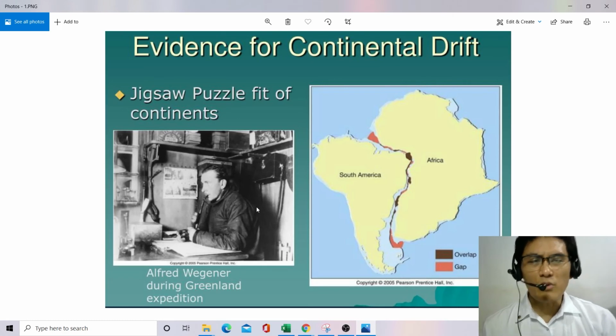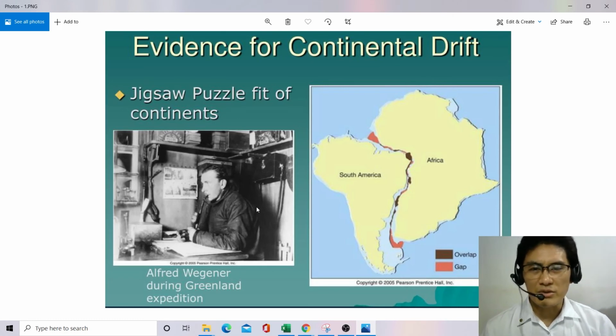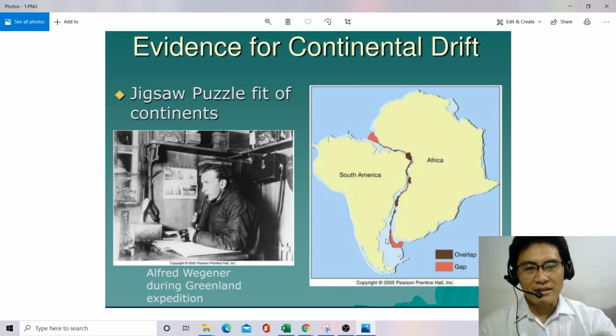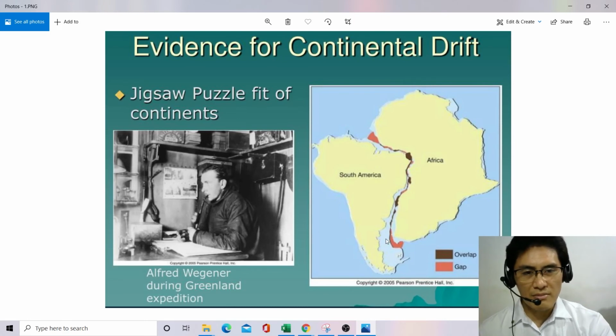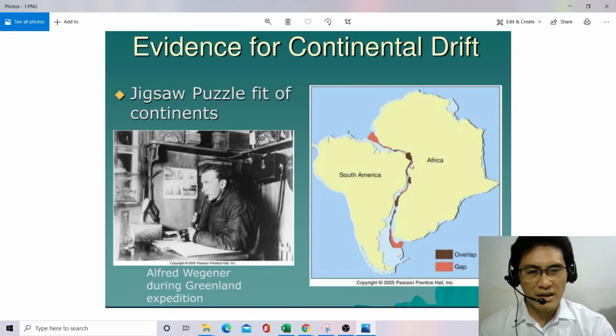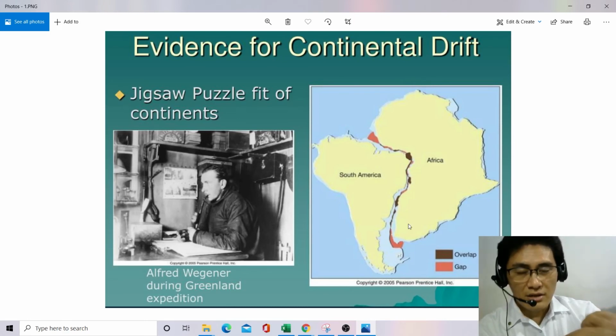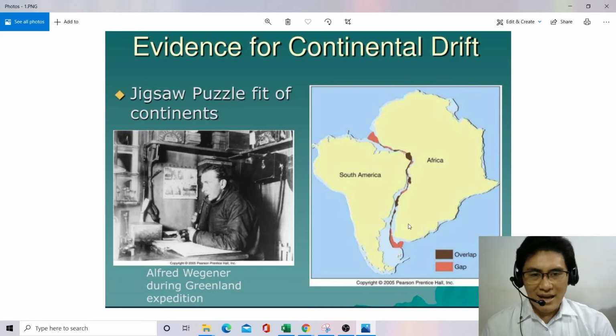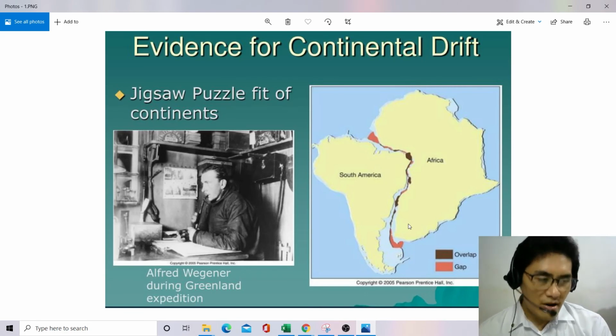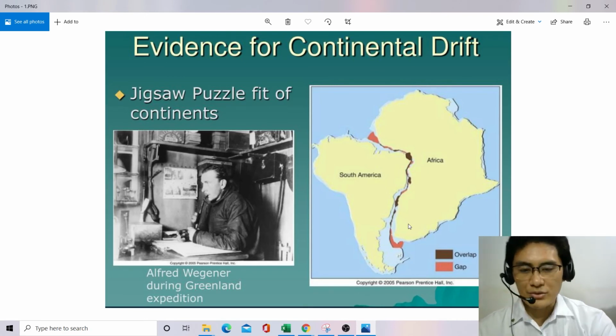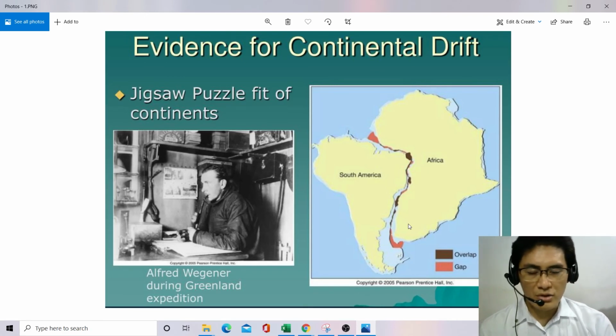So, what were those evidences that were so convincing? Number one, he observed that the edge of South America and Africa seem to fit together like a gigantic jigsaw puzzle. Now in fairness, it's not actually Wegener who saw this first. A lot of scientists already noticed this.